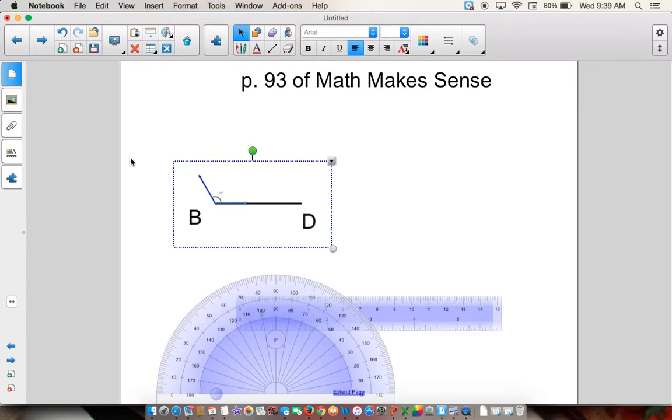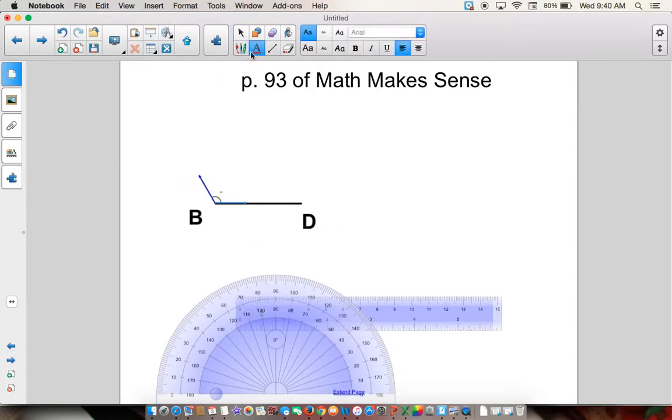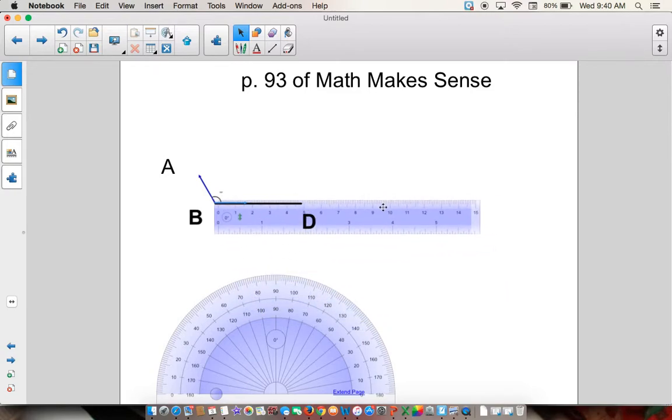Now the next sentence on step 2 says draw segment BA 2 centimeters long. So down here I already have B, so I know that up here somewhere I need to have the letter A. So I'm going to type A. And I'm going to get my ruler tool, put the 0 on the B point vertice.